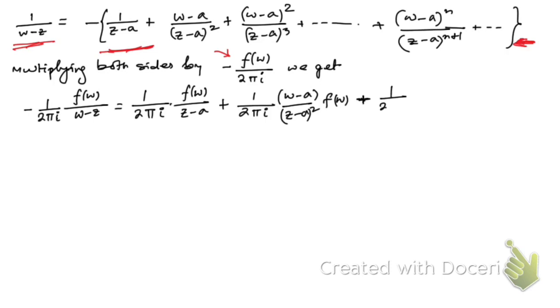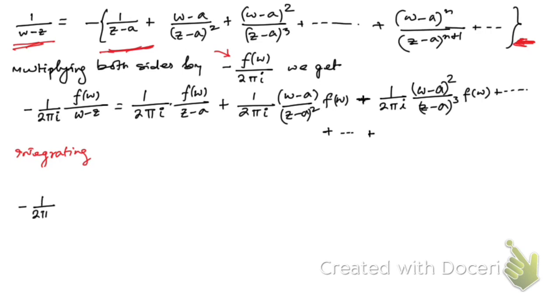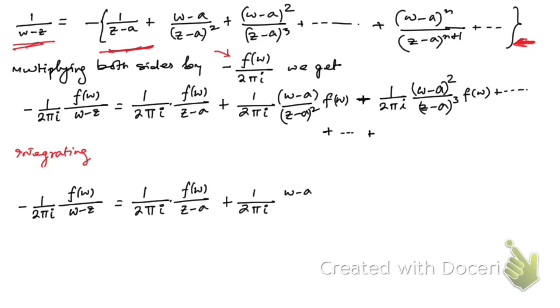Now let us integrate this result. Okay, so now here you see this is the result we have obtained. Now let us integrate this with respect to w. So then we're gonna have this result. So this is the result that we're gonna get. So let me write it here.